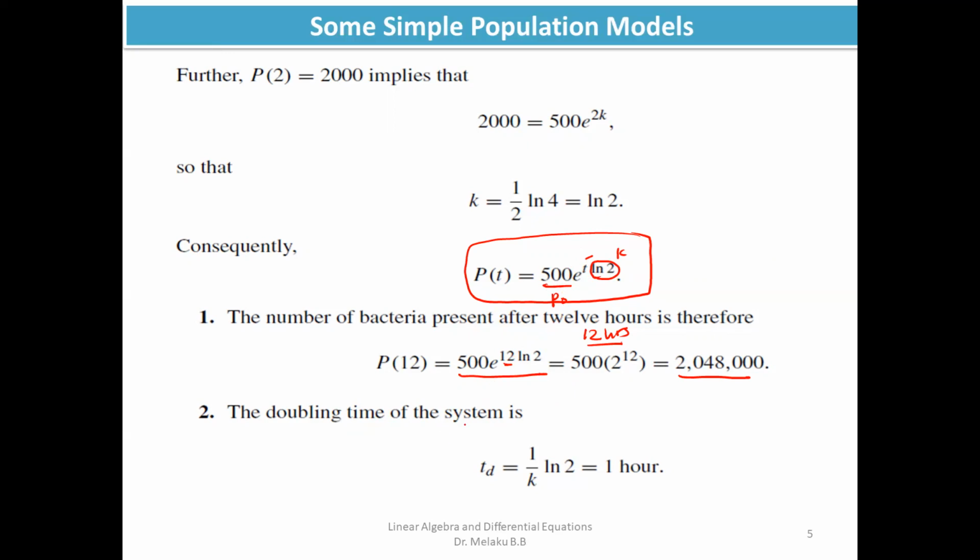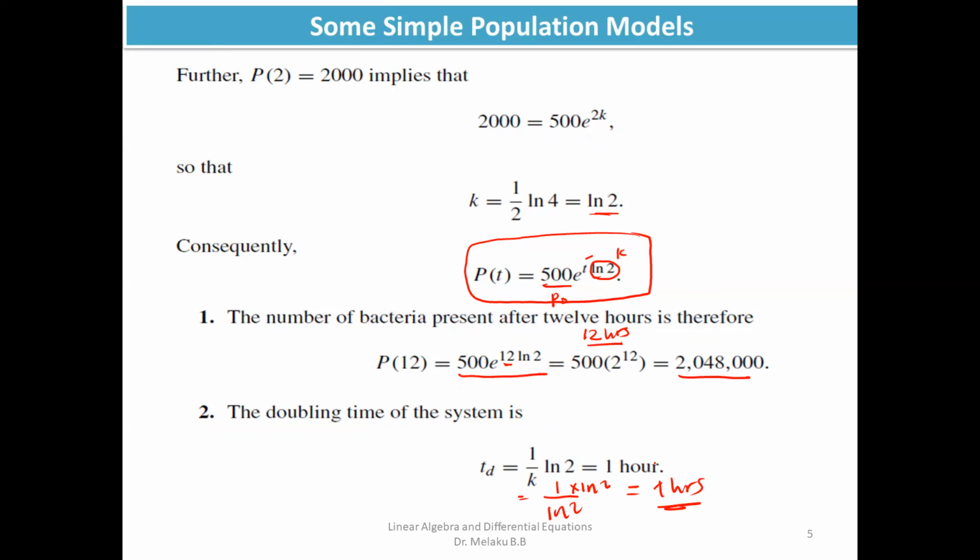Secondly, the doubling time of the system: we have proved that the doubling time is 1 over k times ln 2. What about k? k is ln 2, and we have already found it here. Therefore, upon simplifying, it will be 1 hour.